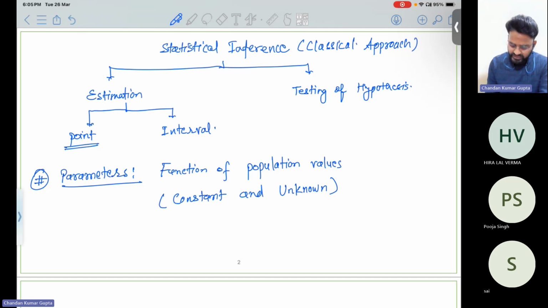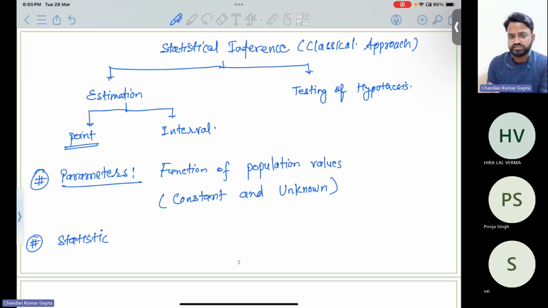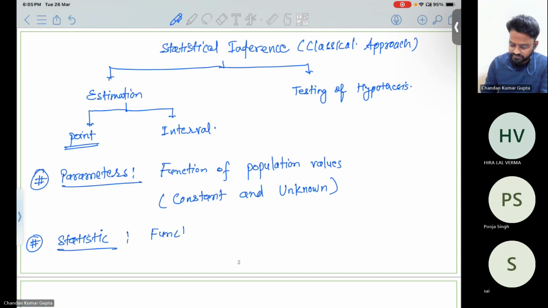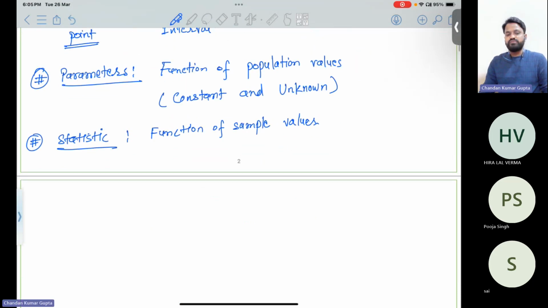Now the second is statistic. The subject is statistics, but this is a statistic, which is a function of sample values. Our aim is to use different kinds of statistics, under certain conditions, to estimate some parameter.